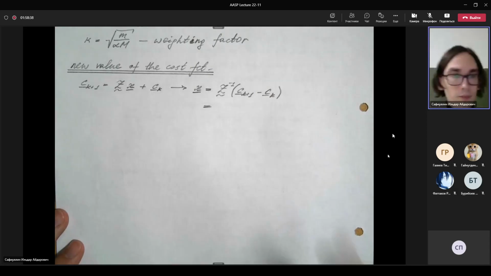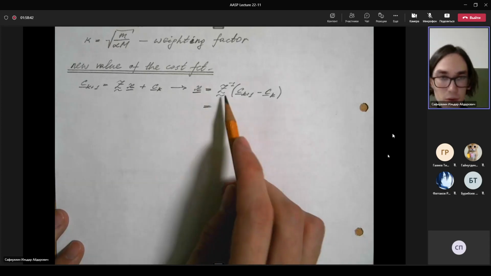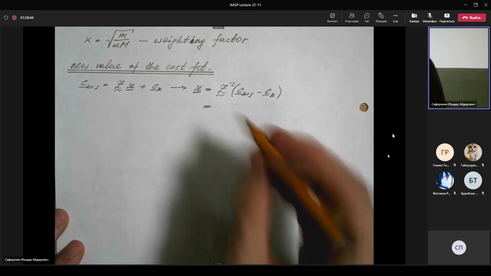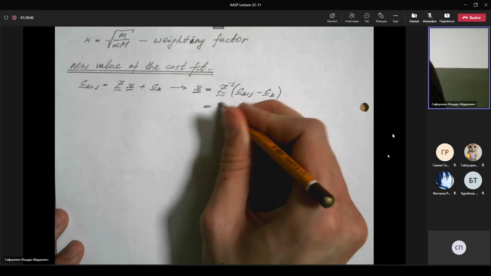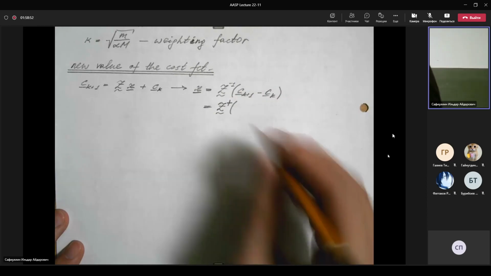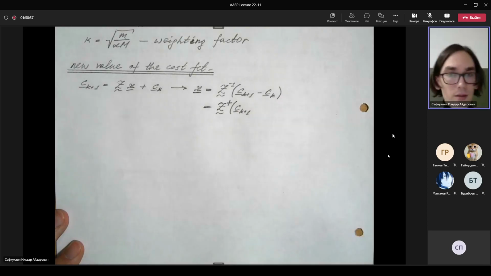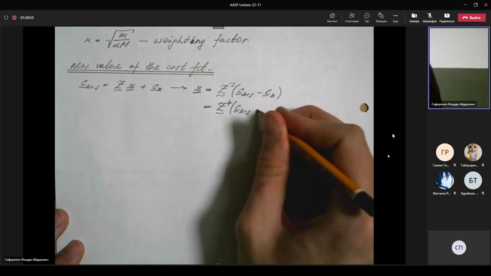Or if we have non-invertible matrix Z, we need to calculate the pseudo-inverse. And multiply with the same thing, C sub k plus 1 minus C sub k.